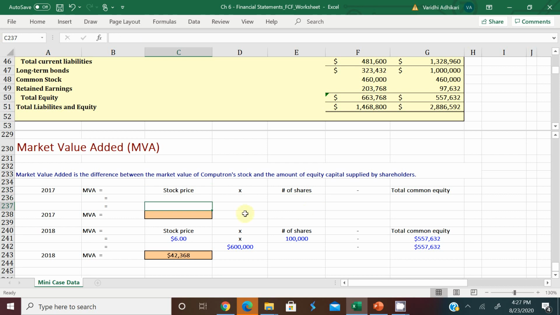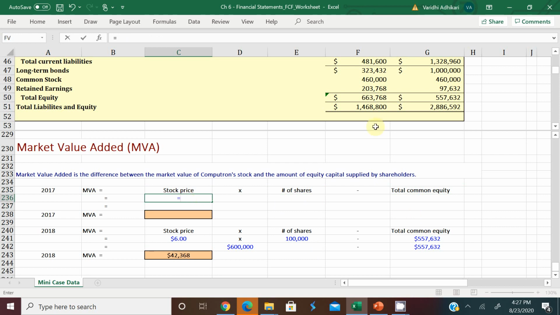So the stock price times the number of shares outstanding will give you the total market value of the equity, and subtracting total common equity in the balance sheet will give you the market value added. For 2018 it's already given. 2017 is already done, but you might have to do it again.